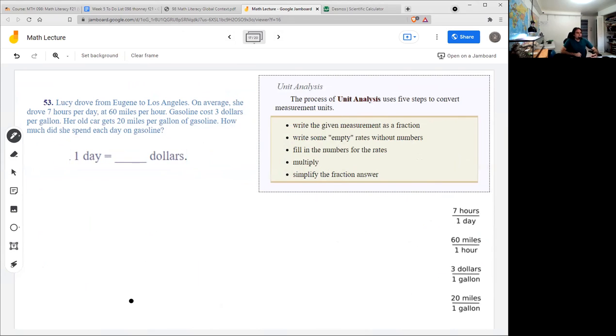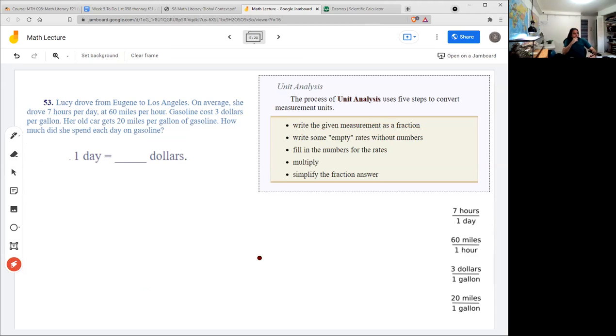Okay, so we're going to start out with our day. The day is what we care about. Or we could start out with $1, because $1 is what we're aiming for. The general habit with unit analysis is they're going to give us something and write it as a fraction.